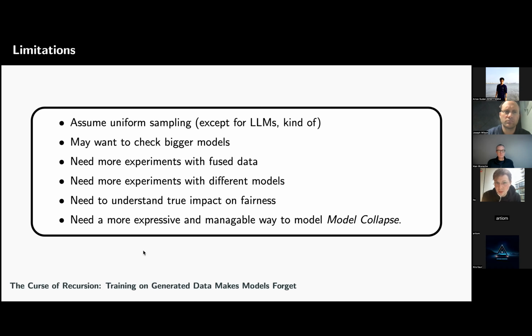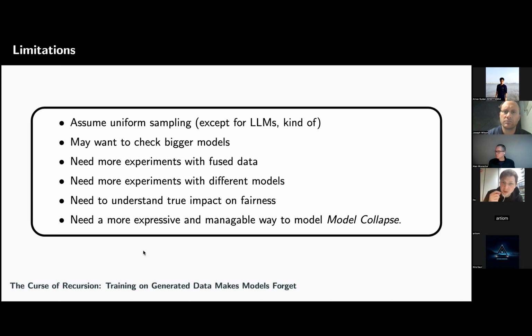Next, the largest model we tested is OPT 125M, which, although a large model, is not a very large model. We may discover that if we deal with even bigger, over-parameterized models, maybe they're not going to drift as quickly, so model collapse may be slightly slower. We definitely need to do more experiments with fresh data.